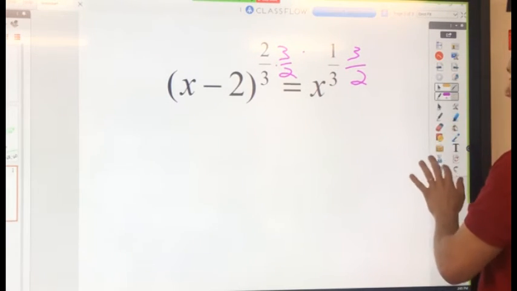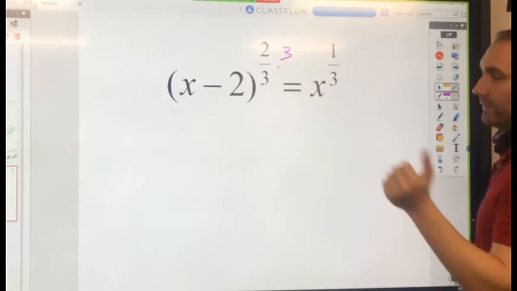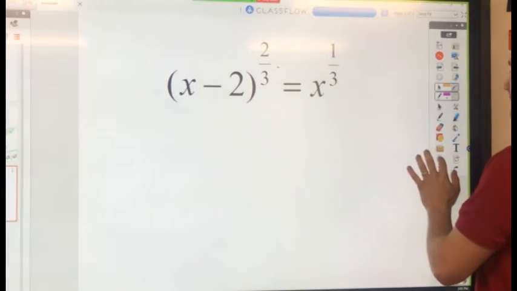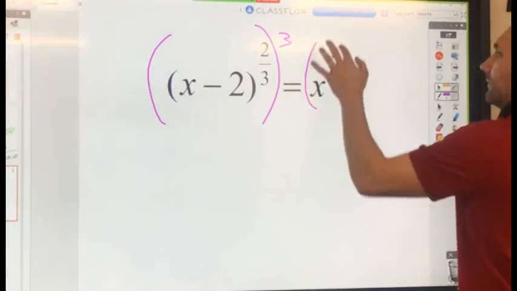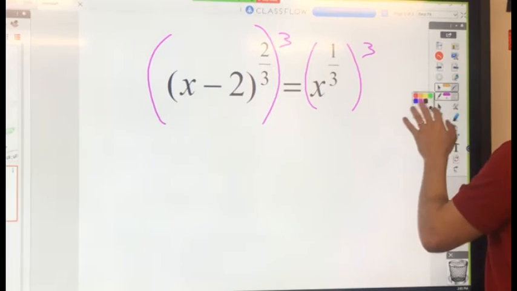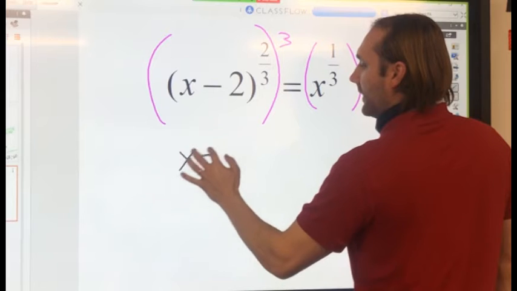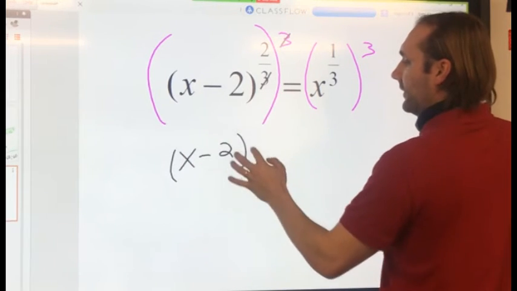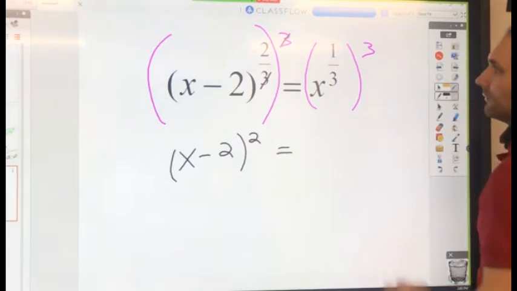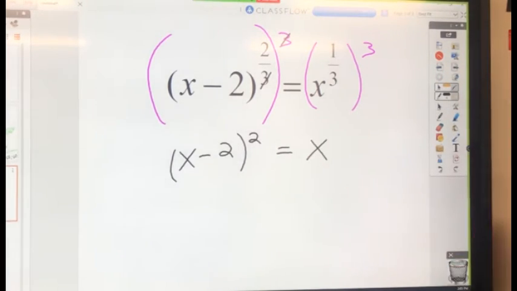But there is a better option, which is to multiply by 3, or raise to the power of 3. So let me do that here. Raise to the power of 3. Because what happens is, I get x minus 2 squared, because these 3's cancel, equals 3 times 1/3, which is just going to give me x.